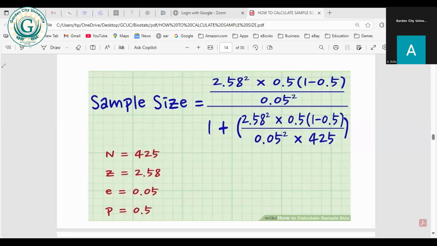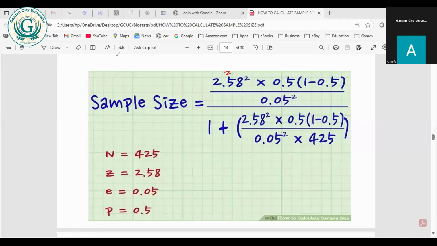I want one person to volunteer. The person should get a calculator, and while you are there, I expect you to also do that. Let me call Obin, are you with me? Yes, sir, I'm here. Okay, I'll work with you. Now we have 2.58 squared, that is the Z-score.